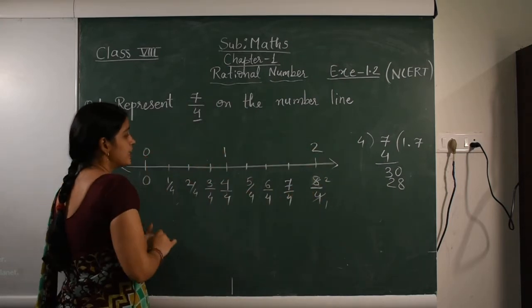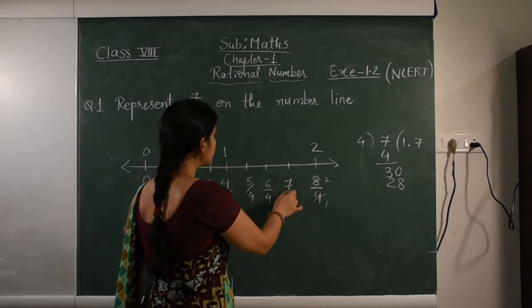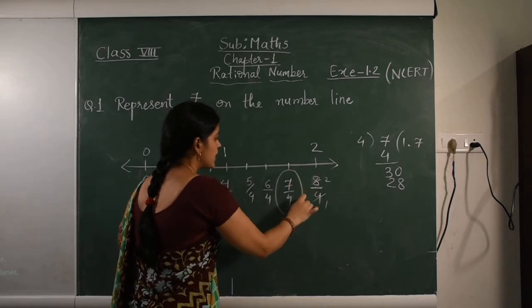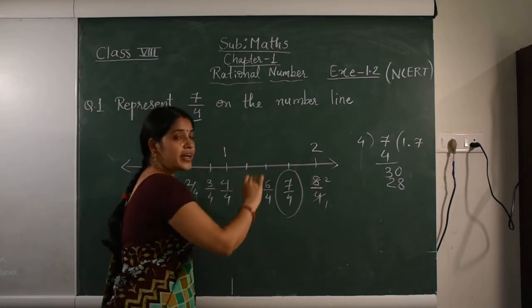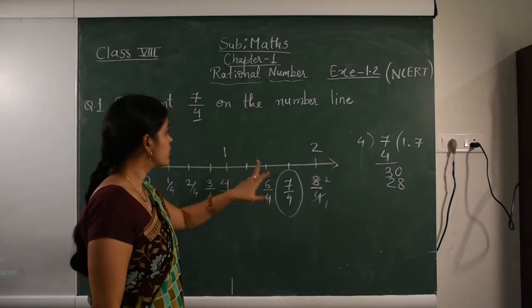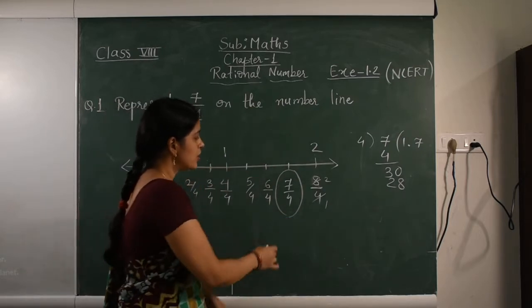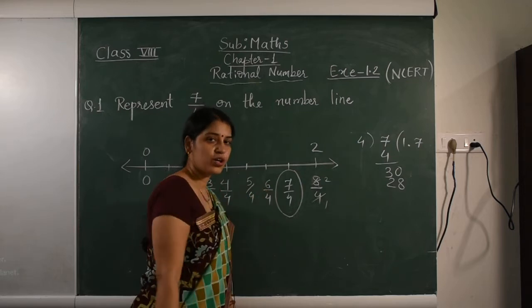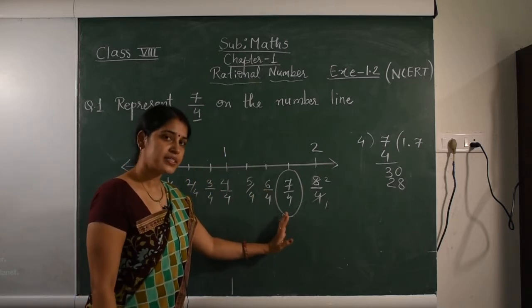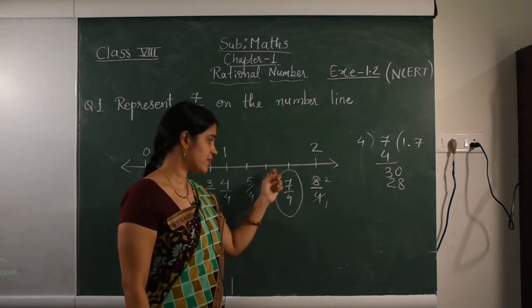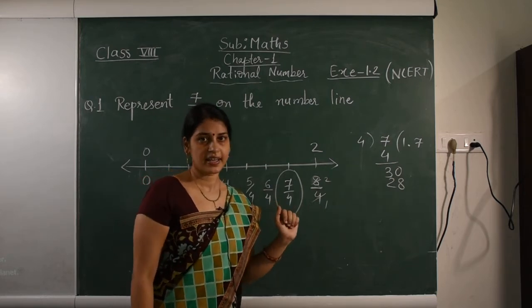So this number 7 upon 4 lies between 1 and 2. Whatever number you have to show, you make a circle on that number. So here we represent 7 upon 4, in the circle.